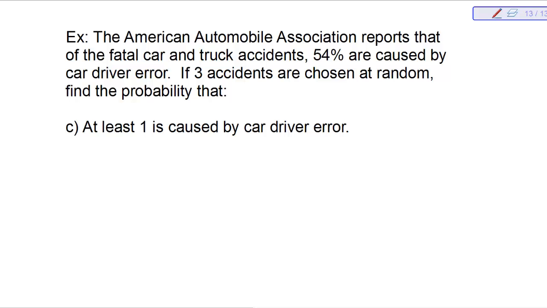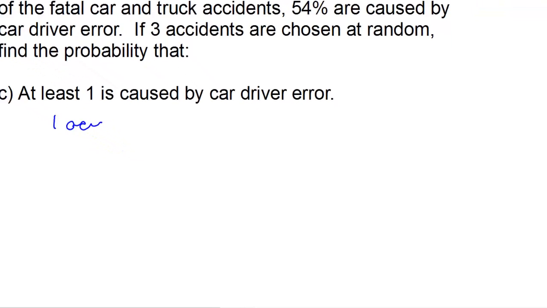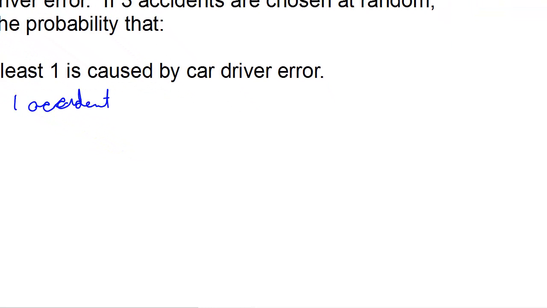I could do something along the lines of one accident being caused by driver error and the others not caused by driver error.